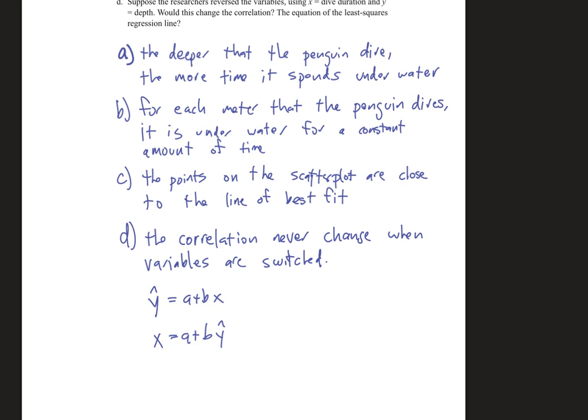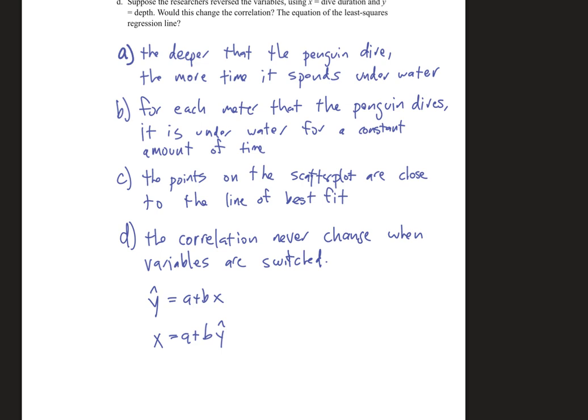So if you switch the variables when you do your analysis and find the new least squares regression line, then the variables would switch in the equation, and that would change the slope, and that would change the y-intercept.